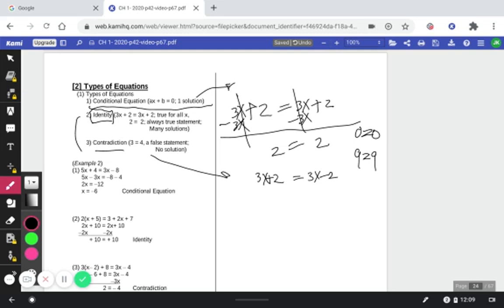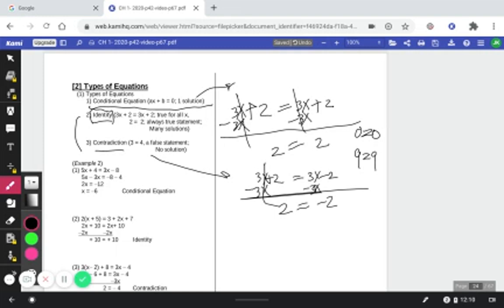When you solve this, you try to get rid of 3x on both sides. Oh my God, x disappears. You are left with 2 equals -2.